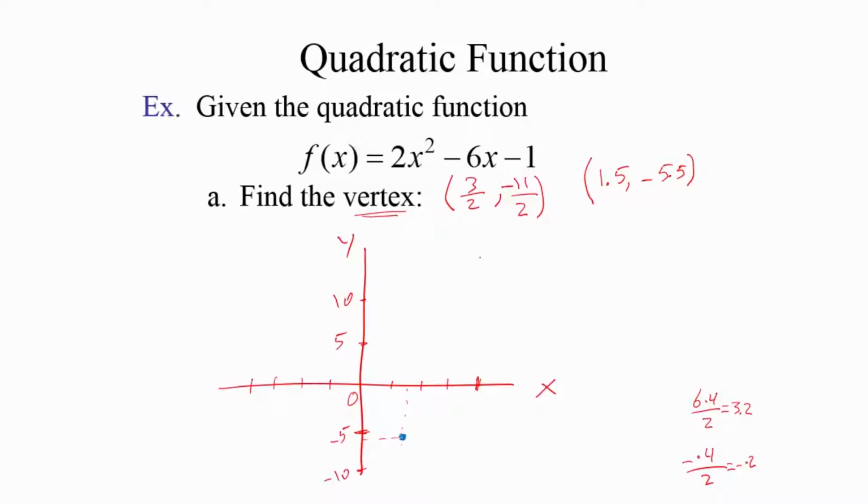This is the vertex. And since a is positive, it's gonna be coming up at 3.2 and minus 0.2. If this is 1.5, this is 3.2 probably here, and minus 0.2 probably here. And by the way, f of 0 would give me minus 1, which is the y-intercept at minus 1.